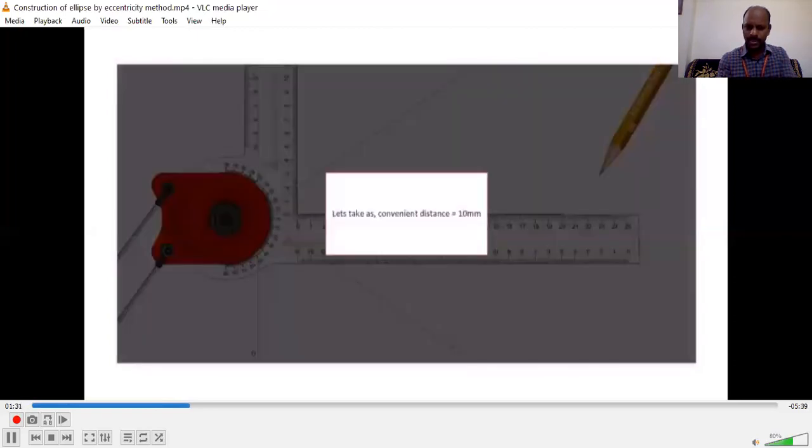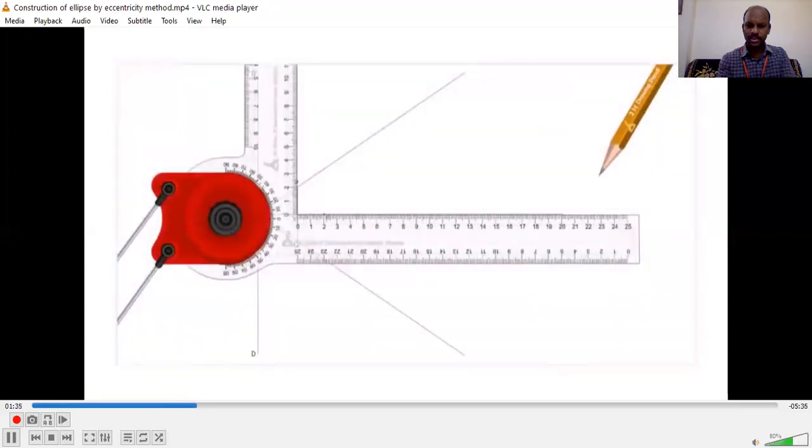Here one more important step is, for generating any curve, we need so many points. Because we need to draw this curve freehand. So for that reason, what we will do is generate important points. If I want to get an ellipse, I need to join the points with freehand, so I need so many points.